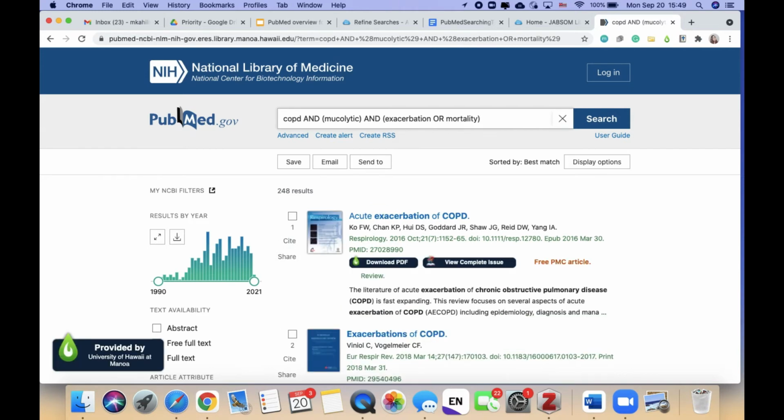Whenever you see those big, huge numbers in your search results, especially if it's in the millions, that means there's something wrong with the spelling or syntax. That's a good clue that there's something wrong with how you typed in your search terms. Here, I'm going to add mucolytic or placebo back on.